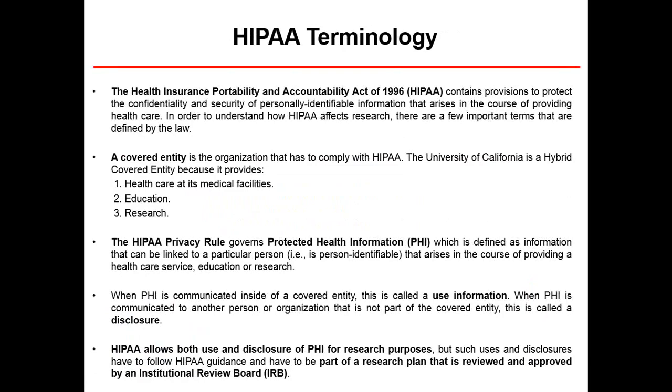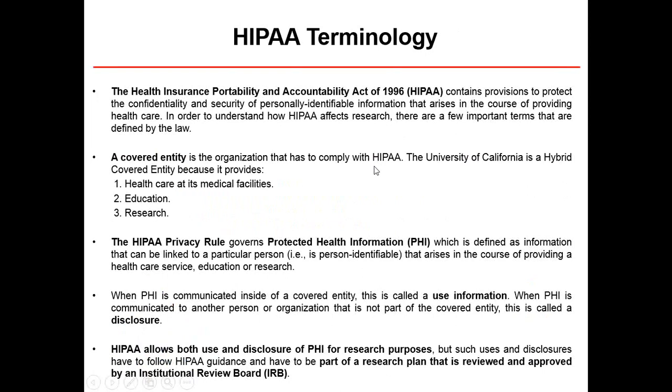Like I said, we have to go through some HIPAA terminology. The HIPAA Act contains provisions to protect the confidentiality and the security of personally identifiable information that arises in the course of providing healthcare. In order to understand how HIPAA affects research, there are a few important terms that we need to define by the law. First of all, a covered entity is the organization that has to comply with HIPAA.